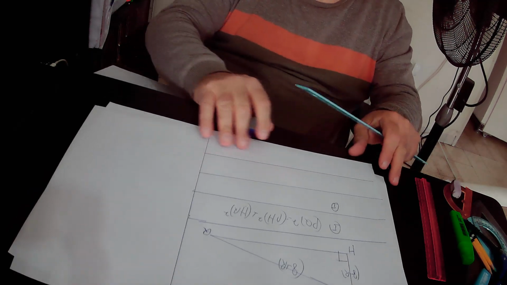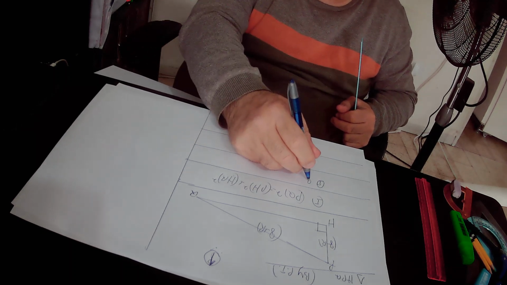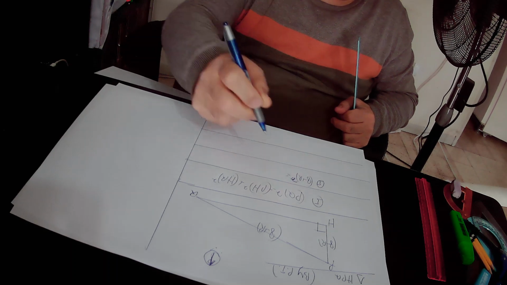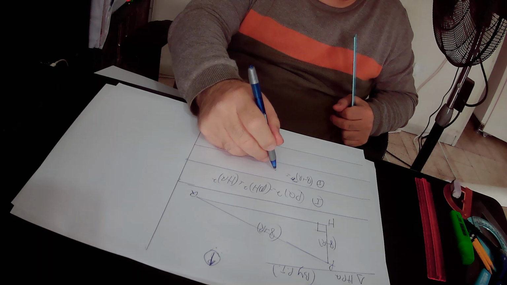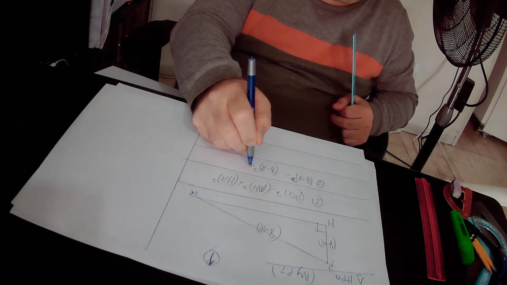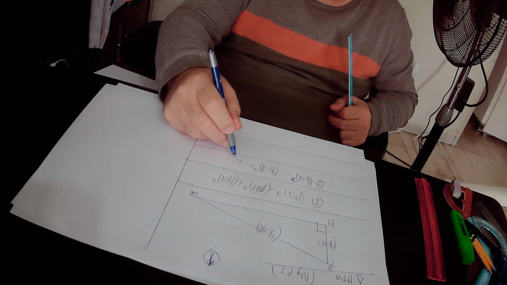PQ equals 8 plus R, therefore PQ square is (8 plus R) square, and it equals PH square. PH is 8 minus R, therefore PH square is (8 minus R) square, plus HQ square. HQ is the missing side, so we leave it as it is.